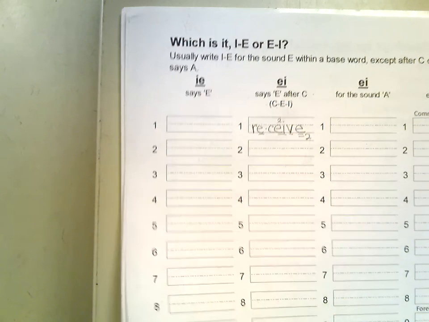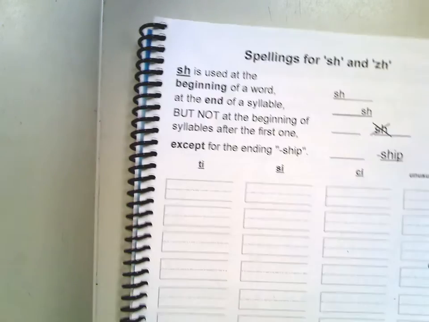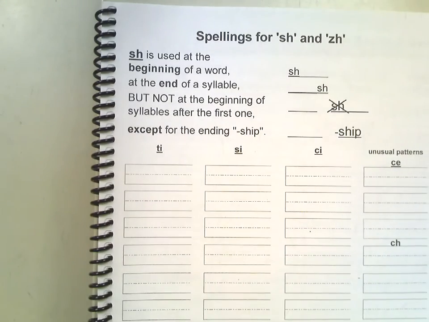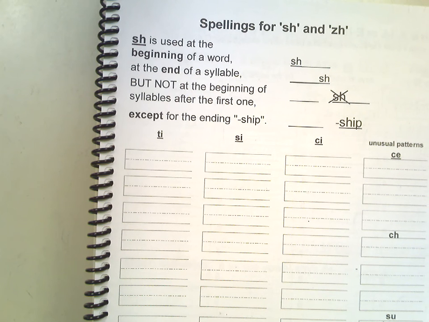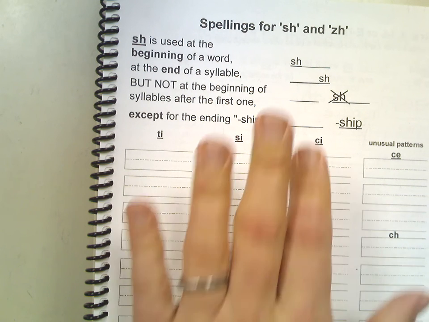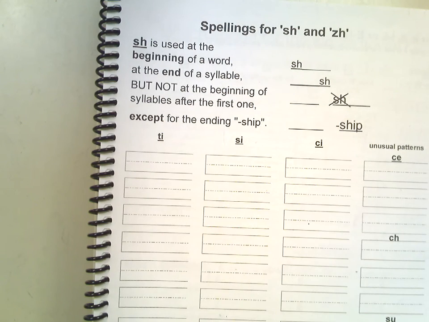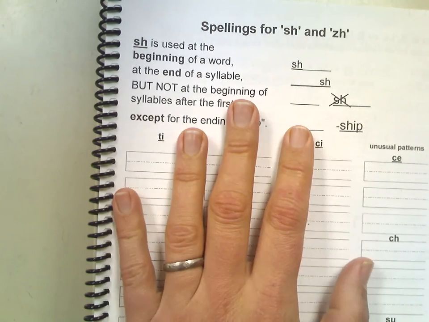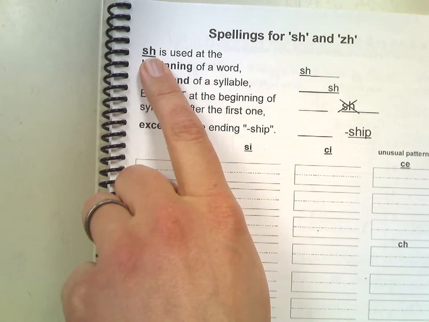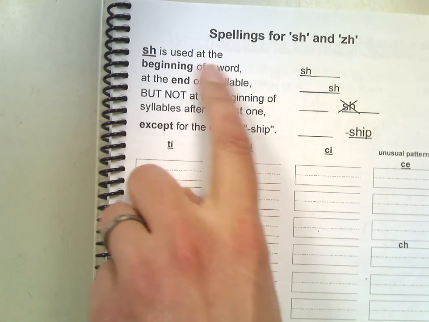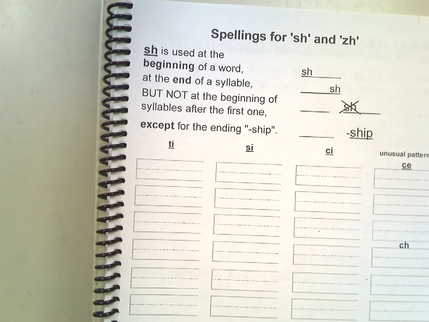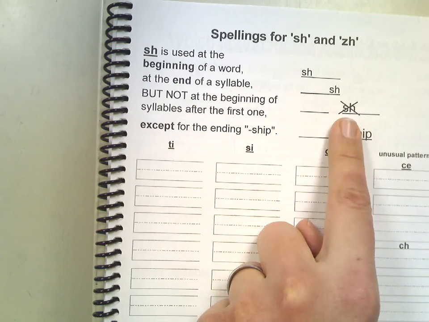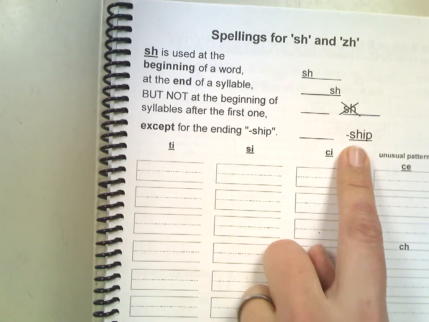Now we're going to go to page 7. I think this will be the first time that we've used page 7. This is another page where we're organizing different sounds. These are the sounds for sh. Now we know this one we use at the beginning of a word or the end of a syllable, but never the beginning of a syllable after the first one, except for the ending ship.